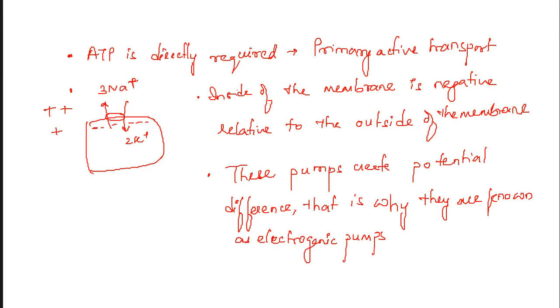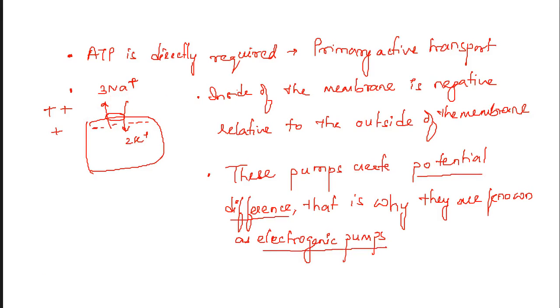So I repeat what I said. These ATPases transport 3 sodium out of the cell and 2 potassium inside of the cell. So they are creating the potential difference by moving more positive ions out of the cell. Since they are creating the potential difference, they are known as electrogenic pumps.